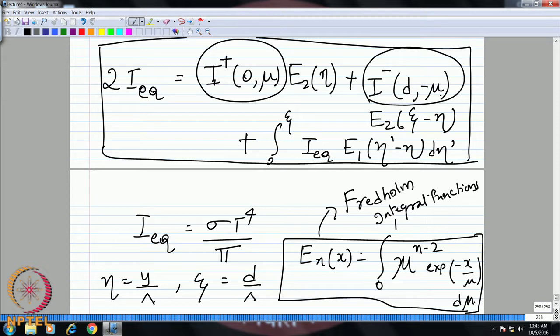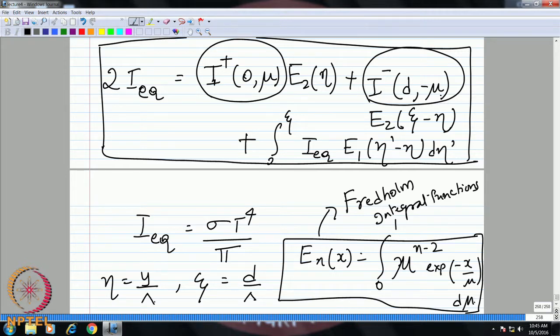If you plug in this expression and solve it in MATLAB or even an Excel sheet, this will give you the temperature as a function of y or non-dimensional eta, from eta 0 to whatever values. So, this is the expression.